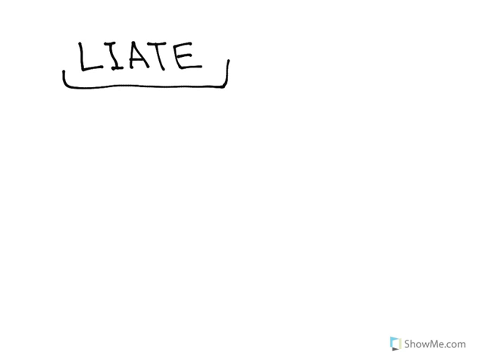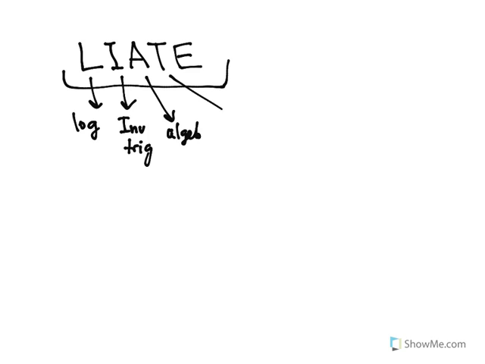So check the integrand, the expression in your integral, for the following expressions in order: L, logarithmic; I, inverse trig; A, algebraic; T, trigonometric; and E, exponential. So in this order.